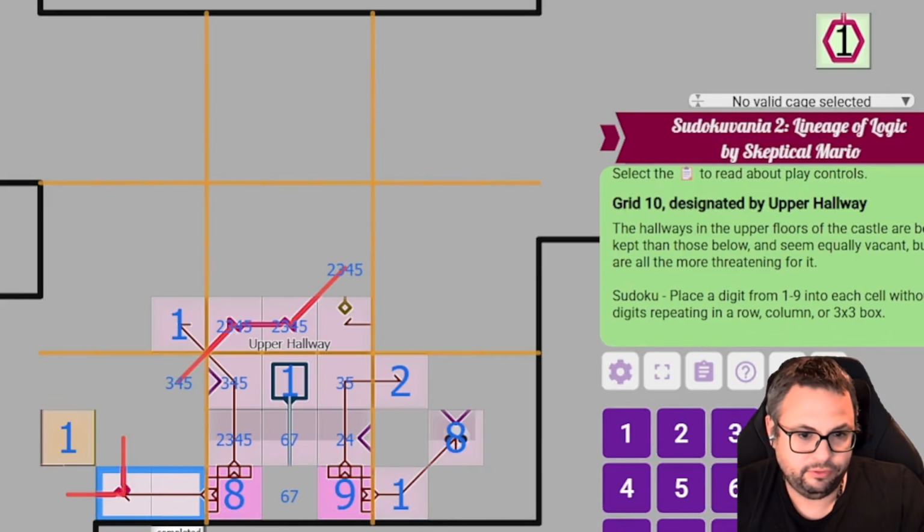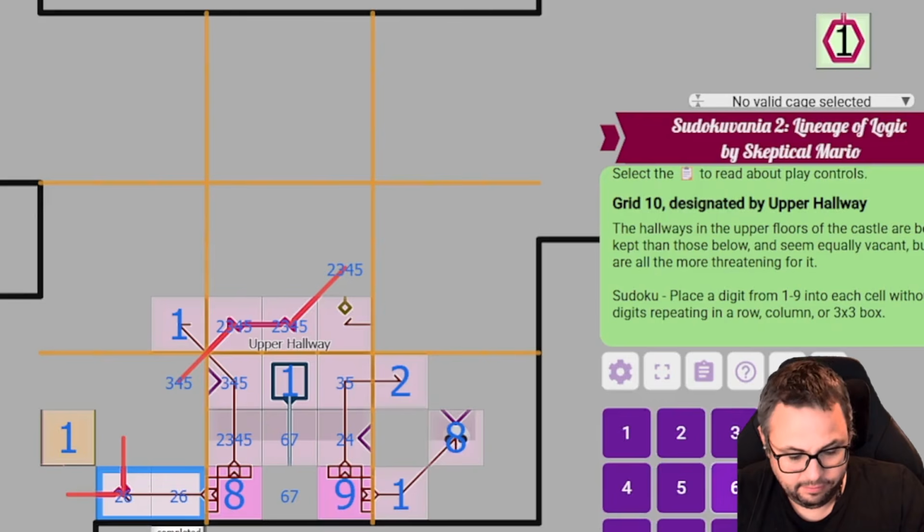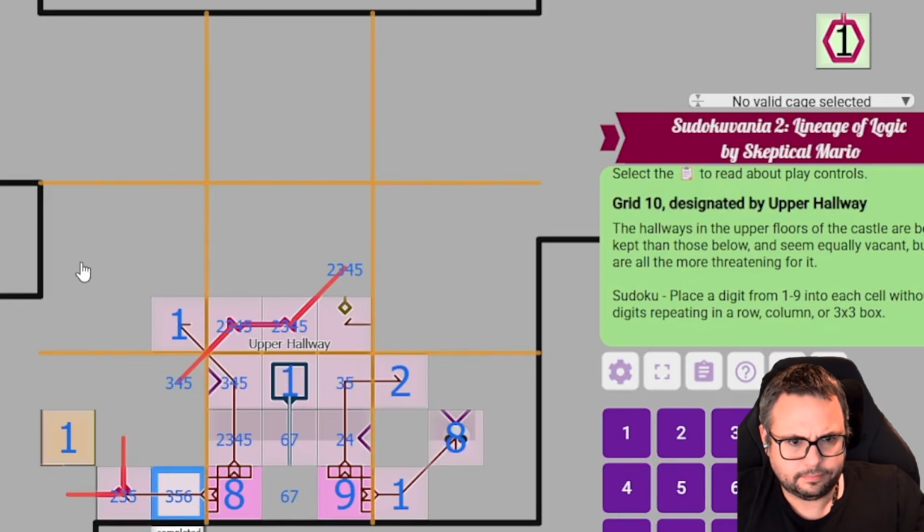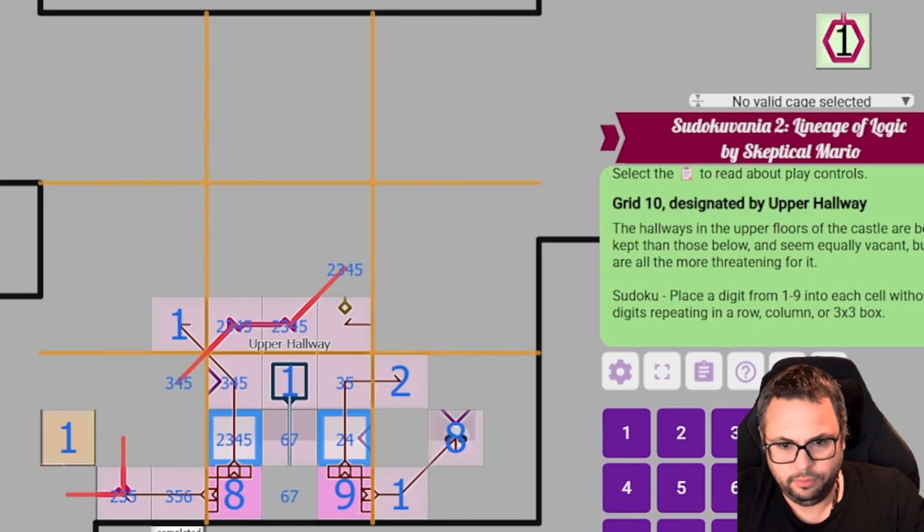this is either 2, 6 or 3, 5, but you can never put the 6 there, so that one's not a 2. Do you know one of these two is a 2? Yeah, one of these two is a 2.